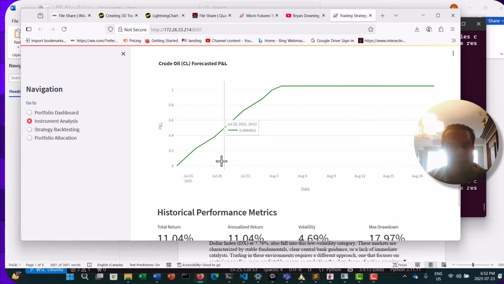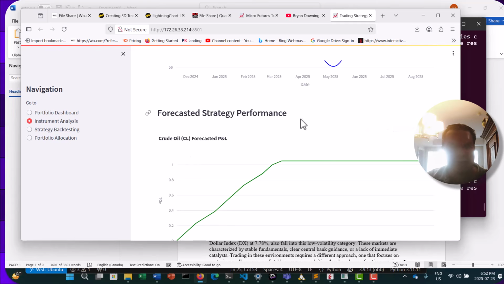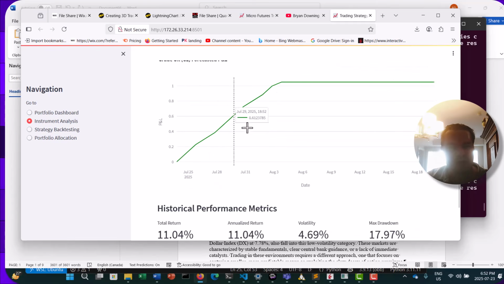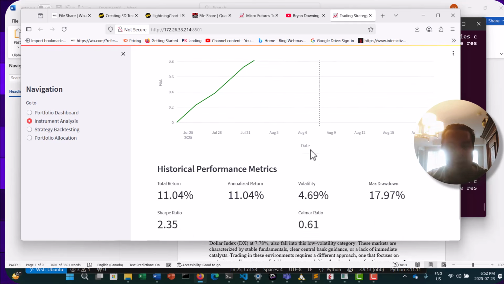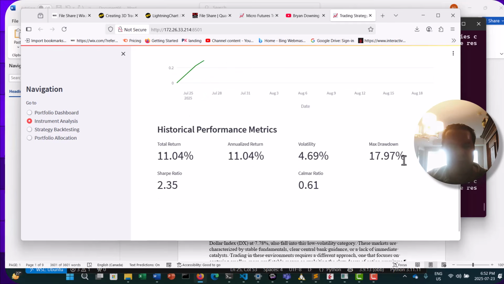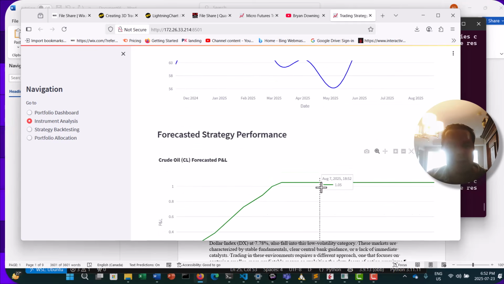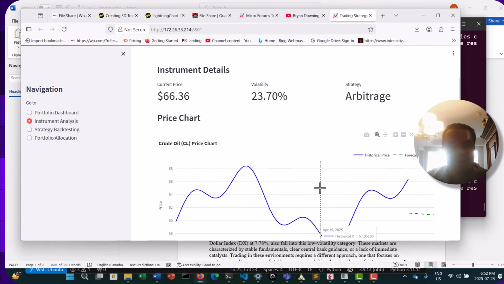And then we have here the forecasted strategy. So we expect this to move up to August 3rd, boom, and then go flat from there. There's a total return, annualized return, the volatility, max drawdown, Sharpe ratio, and the Calmar. So again, this is all using historical data as well.